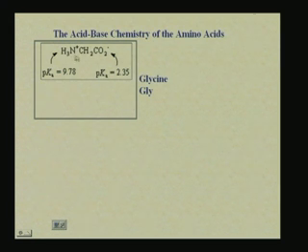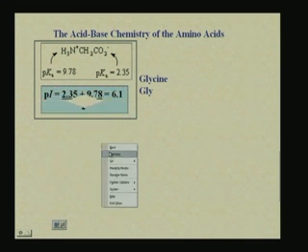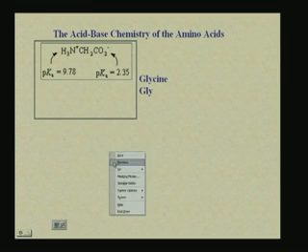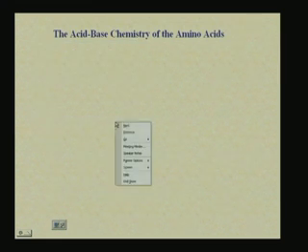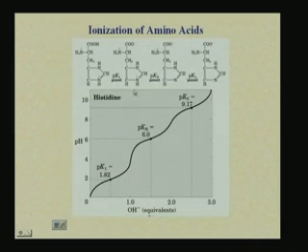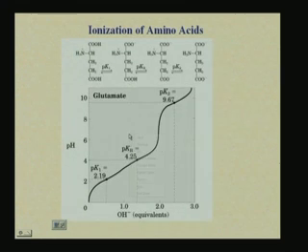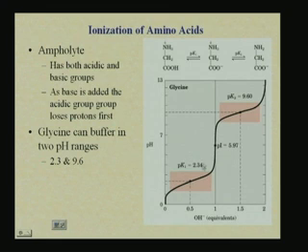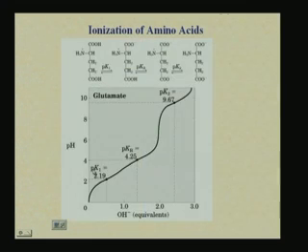So, let us go back 1 minute to this previous slide. Okay, what do we have here? I have a pKr value, but here I have something called a pI value. That is the isoelectric point. Now, what do we mean by an isoelectric point?